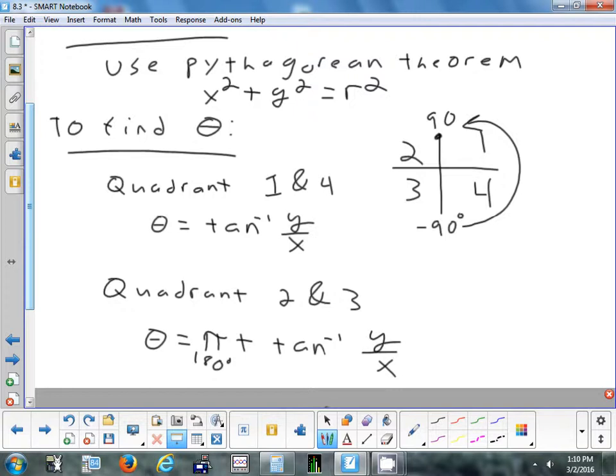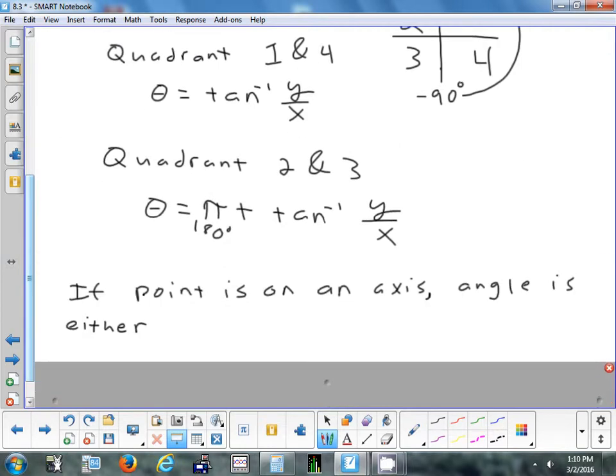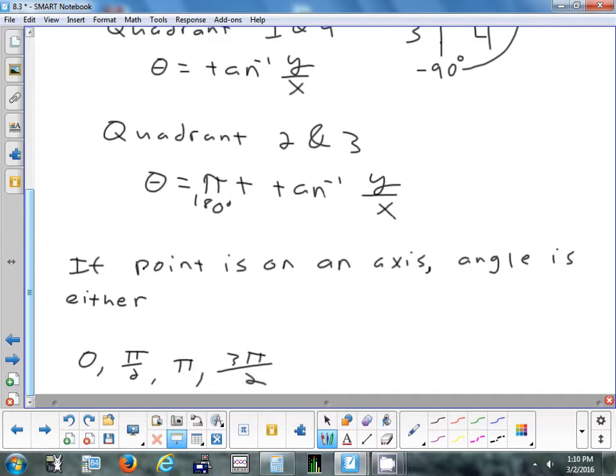It would be undefined, right? If you try to put in 0 for x, your argument is going to be something divided by 0. You can't do that. So when you're on one of the axes, you just have to know that your answer is one of 4 choices: 0, pi over 2, pi, or 3 pi over 2, which is 0, 90, 180, 270.